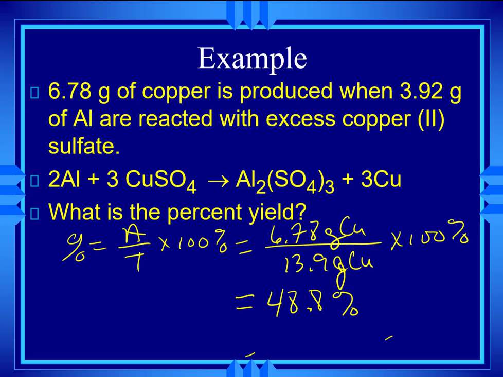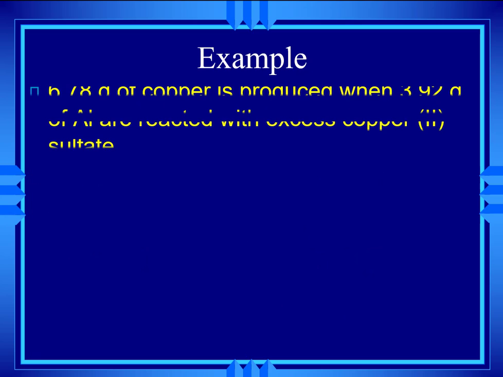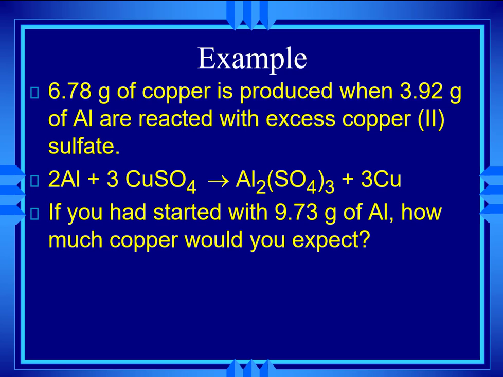Did this go well? No, this did not go well. Something went wrong. What could it be? Well, we'll talk about why, because percent yields aren't always 100%. Okay? But here's a different one. So you got 48.8%, right?